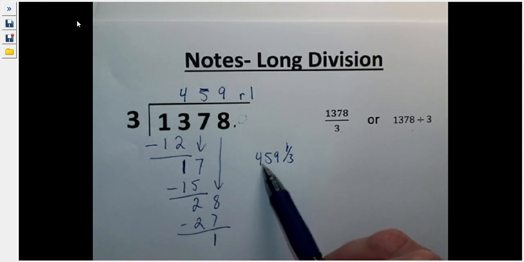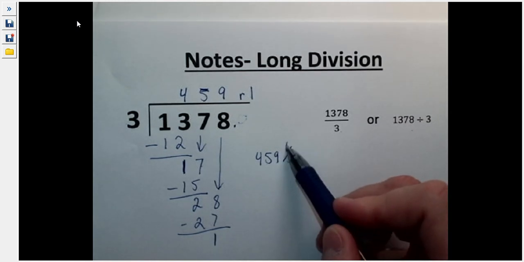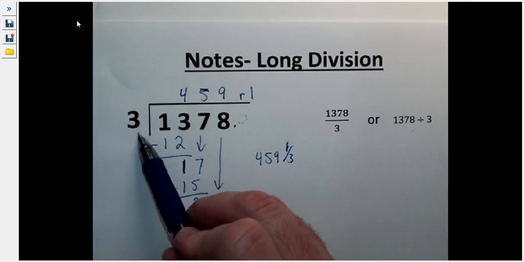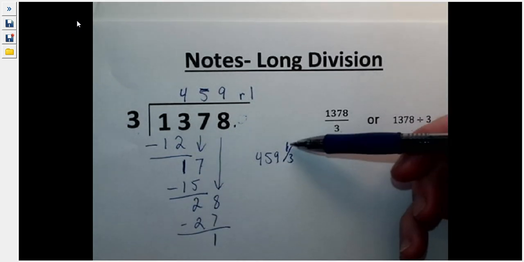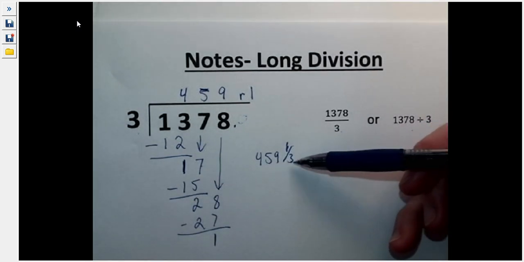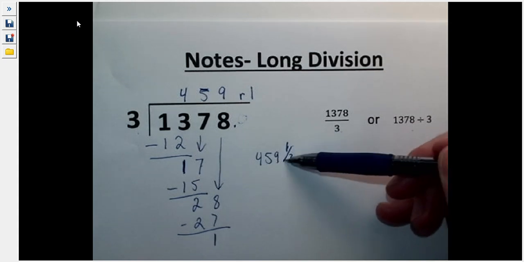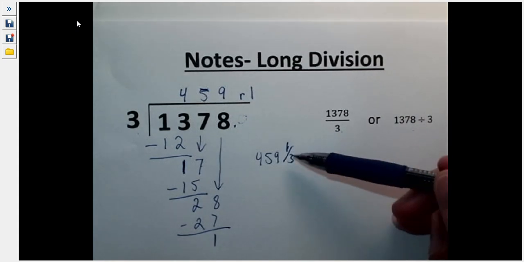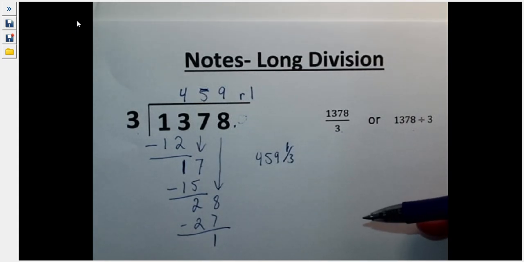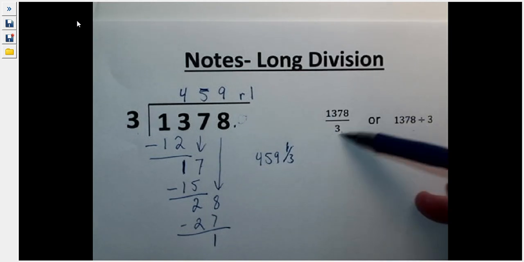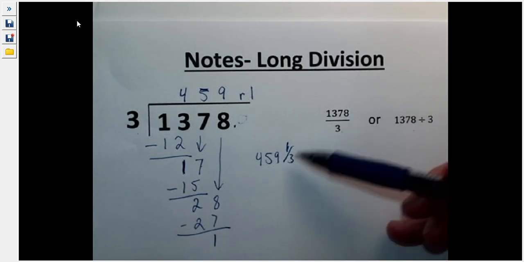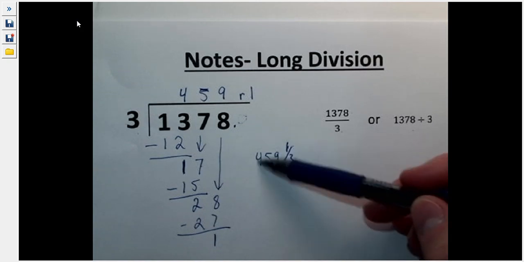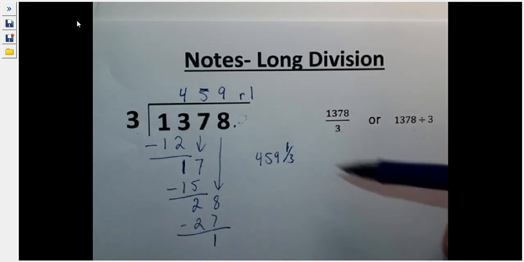We have 459 wholes with 1 remainder over 3, which basically means that we still have to divide this 1 by 3, but it doesn't go in evenly, so we end up with 1/3 as our extra remainder. And if you did that with this one, you'd get the same thing. You would basically get this many whole 3/3s with 1/3 left over.